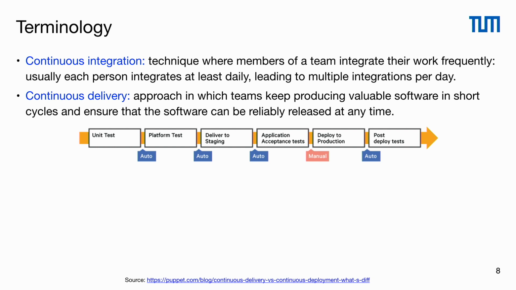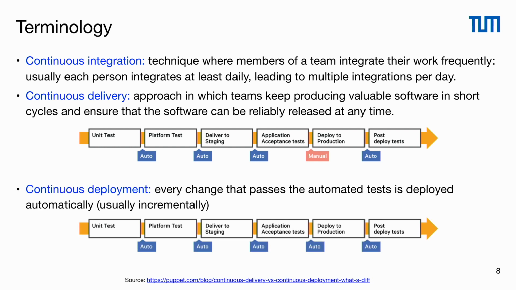This is in contrast to continuous deployment, where every change that passes the automated tests is actually deployed automatically and incrementally. So the step deploy to production is now automatic, blue instead of red in the slide, and continuous deployment is usually used for server applications or web applications.